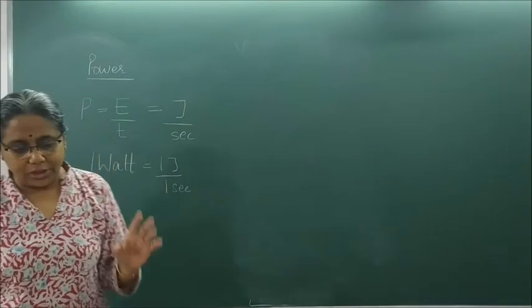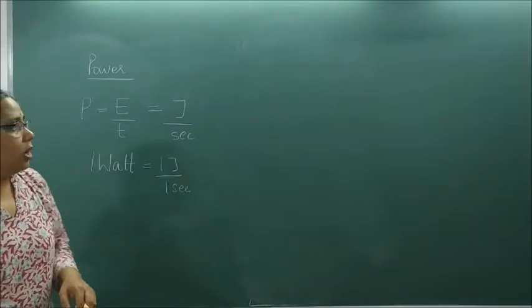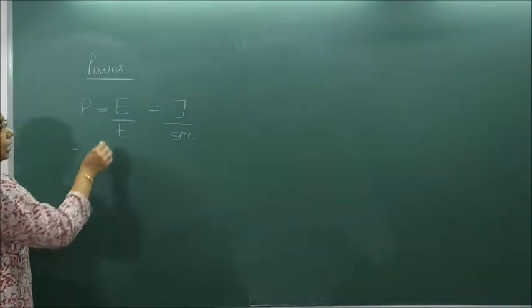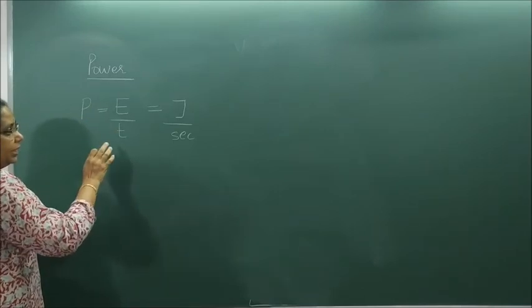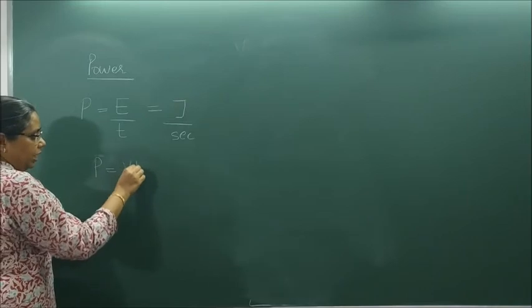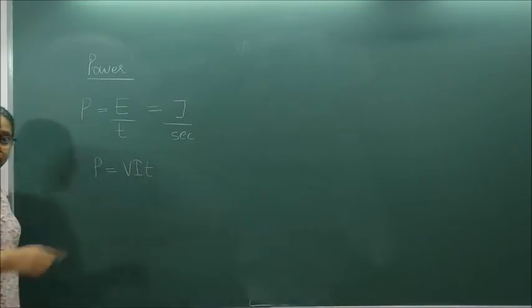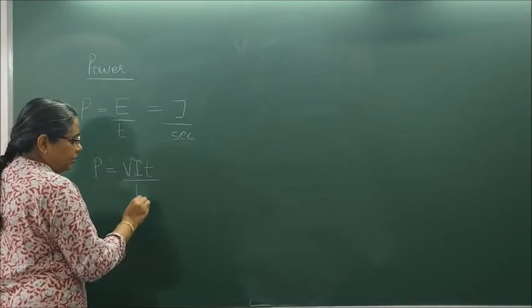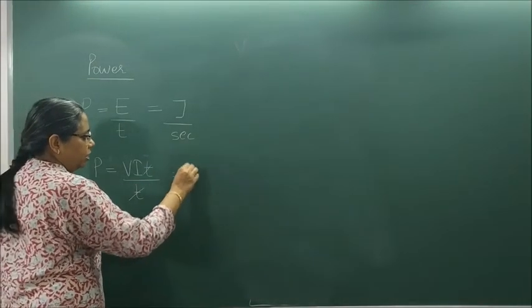But according to your textbook, how it defines it is P is equal to E by T. So see, what was E equal to? VIT. Work done or heat was equal to VIT. So VIT by T, so P is equal to VI.